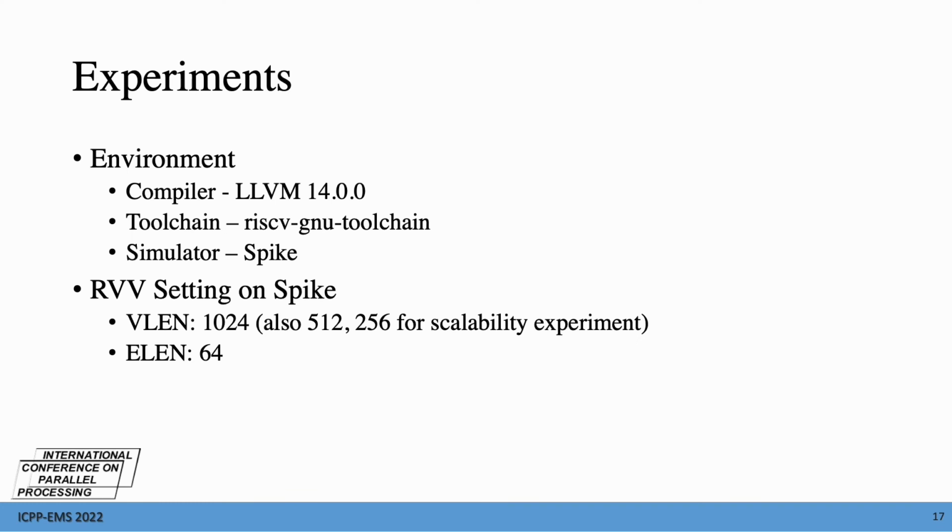There are 2 parameters, VLEN and ELEN. VLEN is the number of bits in a single vector register, and ELEN is the maximum size of a vector element that any operation can produce or consume. The value must be a power of 2. We set VLEN to 1024 when we test the performance, and 512 and 256 when we test the scalability. We set ELEN to 64 to process 64-bit data types.